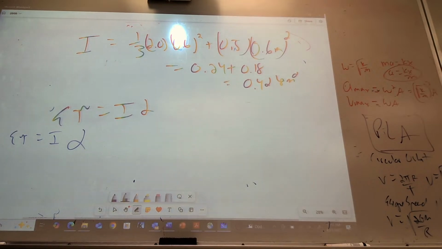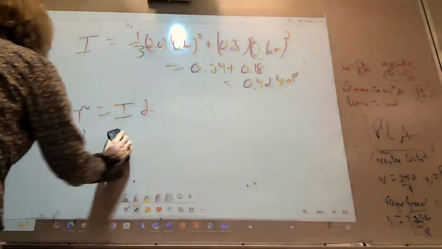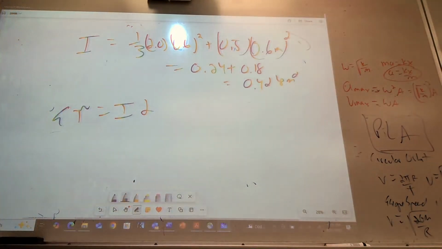Remember, you've got to have a lever arm when you write your sigma torque equation. You've got to have a force times a lever arm, a force times a lever arm. What's the lever arm for the rod? We have it rotating down. The center of mass is L over 2.